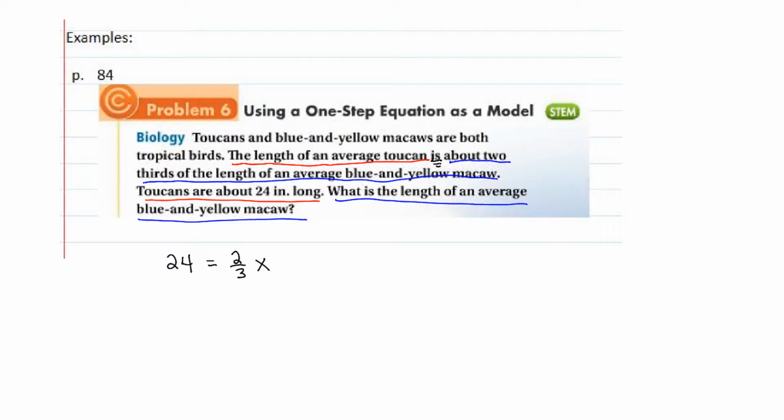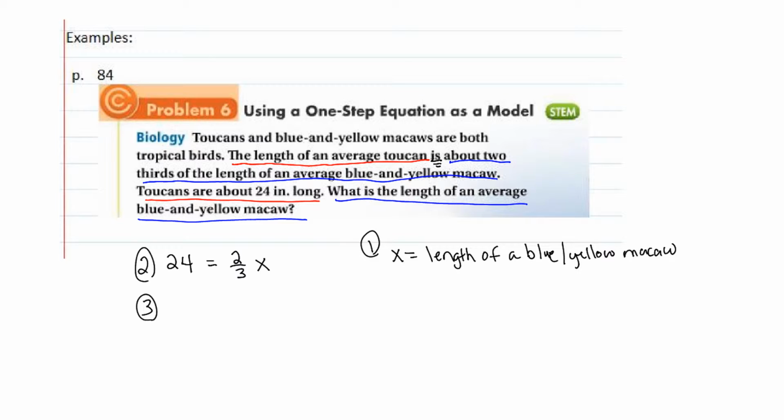So we're going to say x equals the length of a blue and yellow macaw. So I defined the variable, wrote the equation. Now I'm going to solve it.